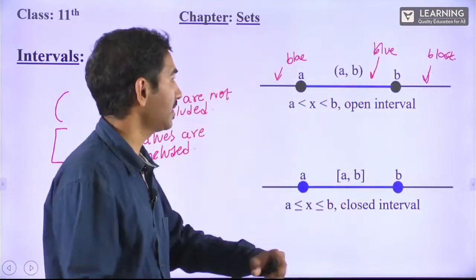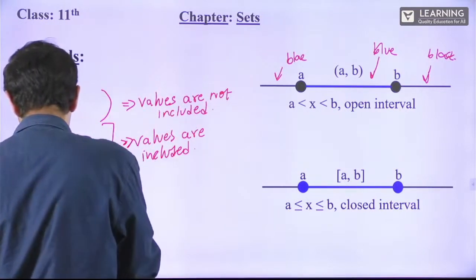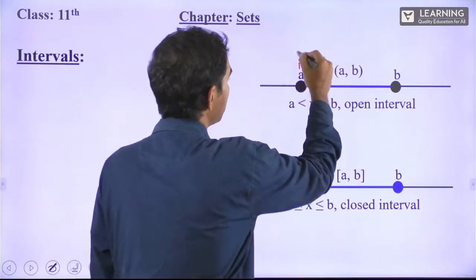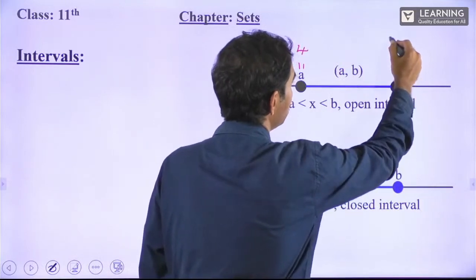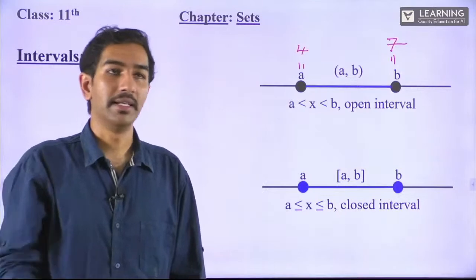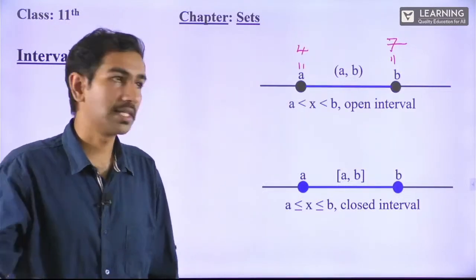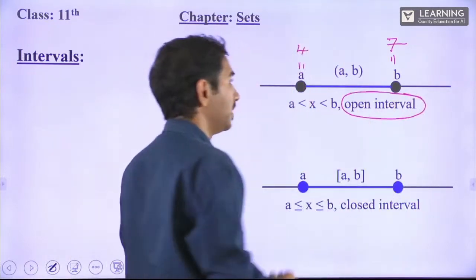Now see here. Let us assume some values for A and B. We'll just clear the board once. Let A be equal to 4 and B be equal to 7. What are we discussing right now? Right now we are discussing open intervals.